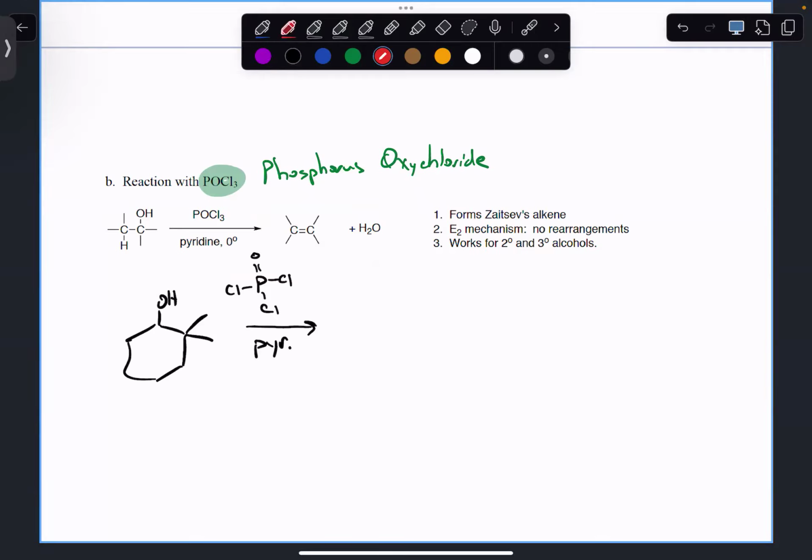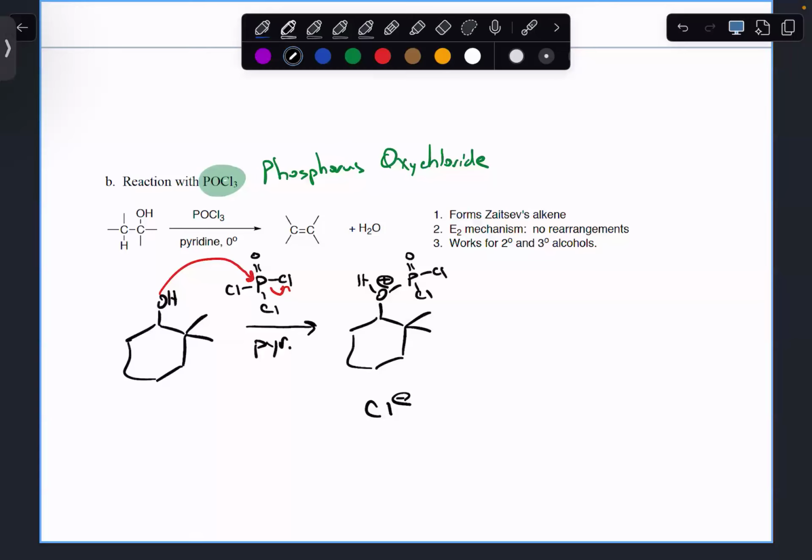And so this is going to look a lot like those other phosphorus reactions, the PBr3, the thionyl chloride reaction, in that the oxygen is going to go out and attack the phosphorus, and that's going to kick out one of the chlorides. Well, there's that positive oxygen species that we've seen multiple times now. That's why we have the pyridine present.